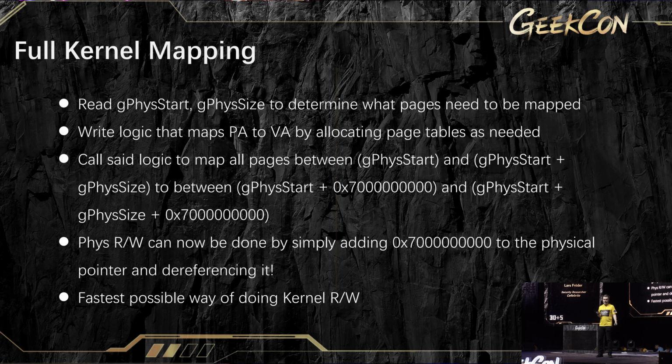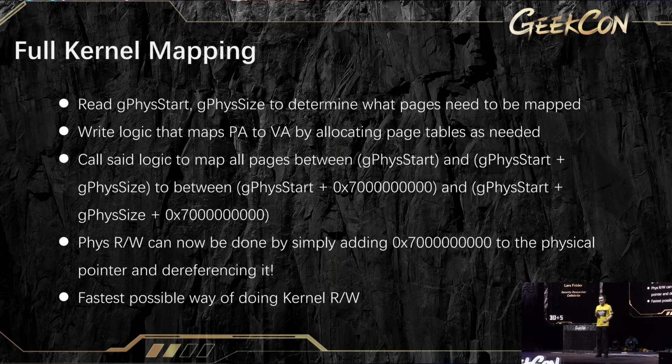We do this by simply mapping in the entire kernel physical address space. In the kernel there's gPhysSize and gPhysStart. These are global variables that contain the information of where the physical address space starts and how big it is. And after we've used the techniques shown in the past slides, we can simply build a function that allows us to map one page to one address inside our own process.